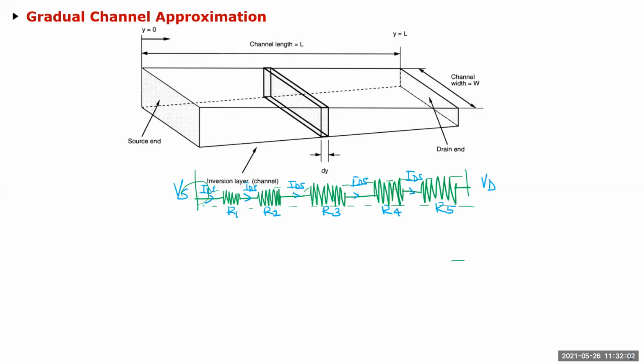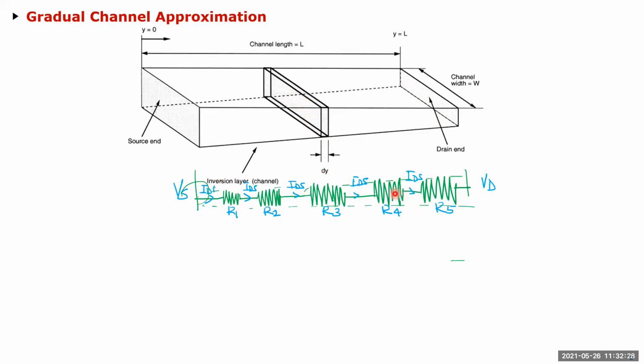It starts with a smaller resistance at the source end, and it gets bigger and bigger. At the drain end, if I take a slice, the resistance is going to look larger for the same unit slice.